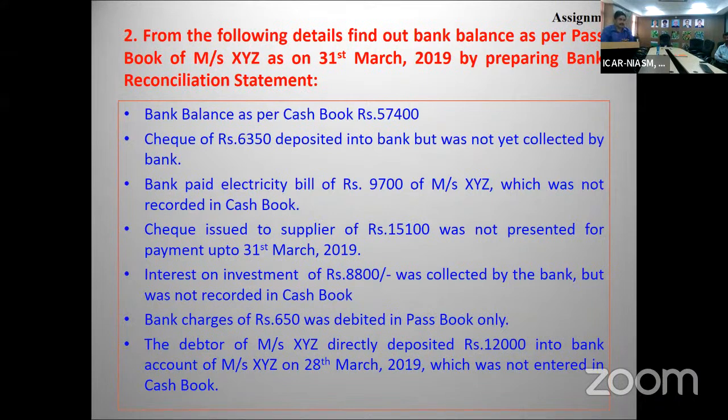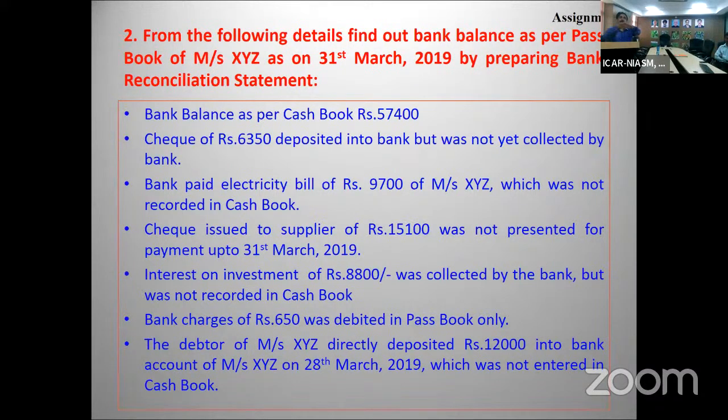The first entry says a check of 6,350 deposited into the bank, but not yet collected by the bank. Again, as I told you, whenever you deposit a check, first you make the entry in the receipt side of the cash book. Means your cash book balance will be more, and the passbook balance will be less as it is not collected by the bank.